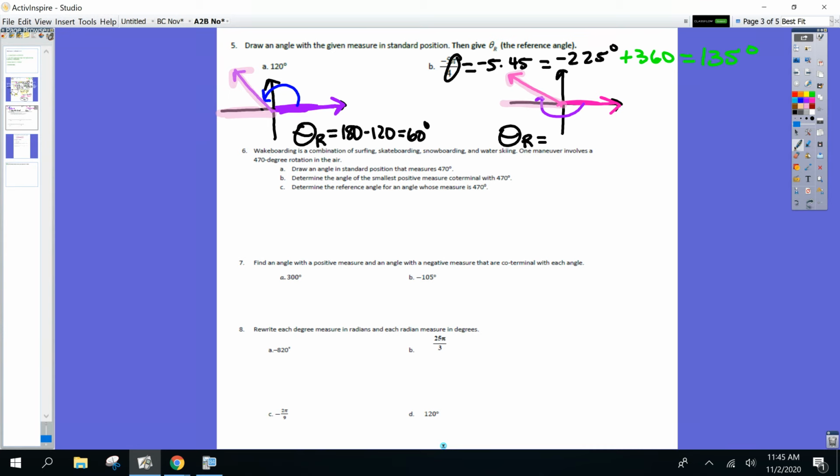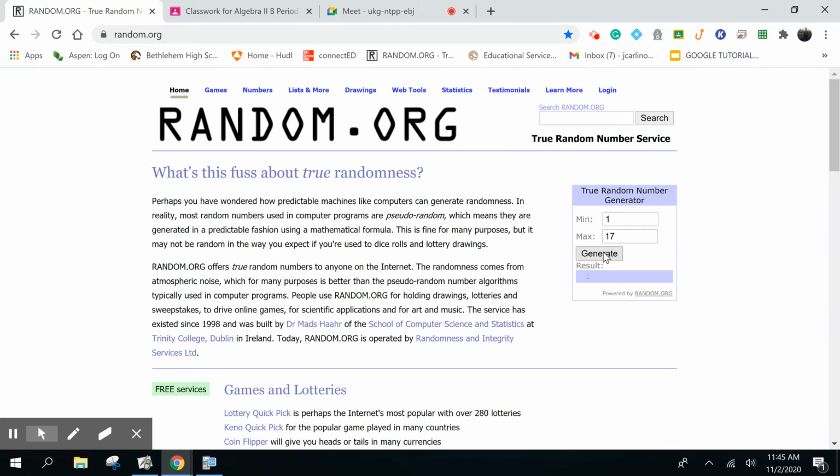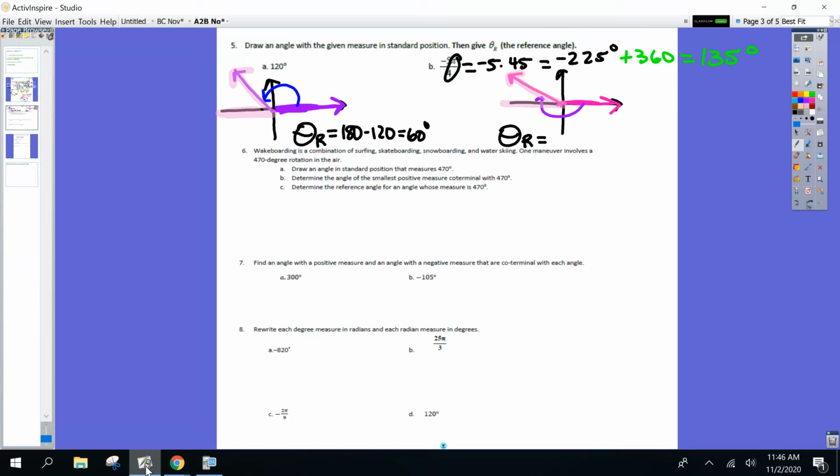I feel like I should have given you a different quadrant than 2 because we just did that. But all right, how you finding that reference angle? Here you go, Ella. I subtracted 180 from 135. Yeah, that's fine. And what'd you get? 45.